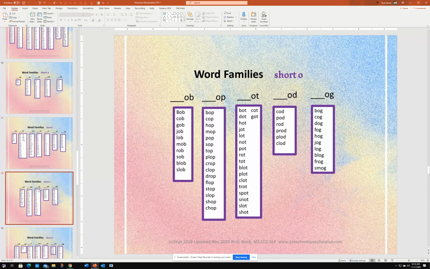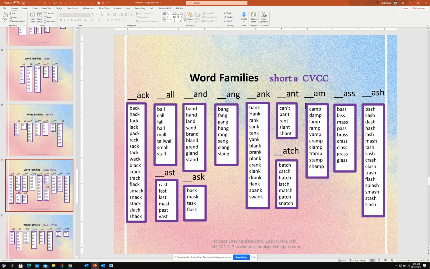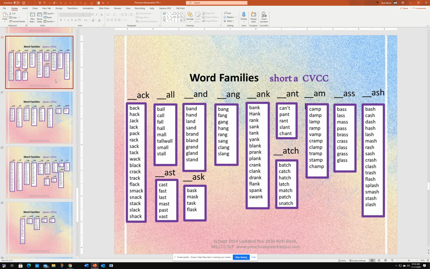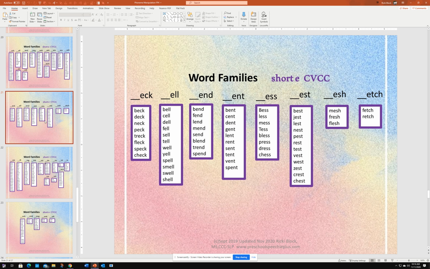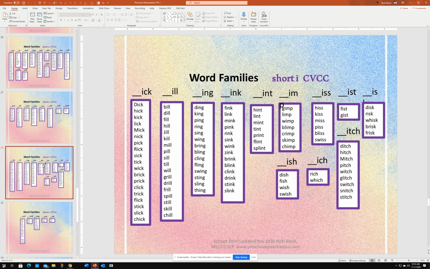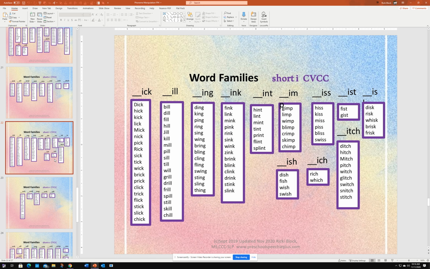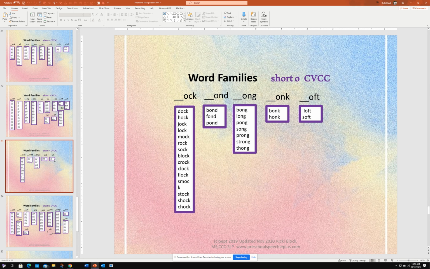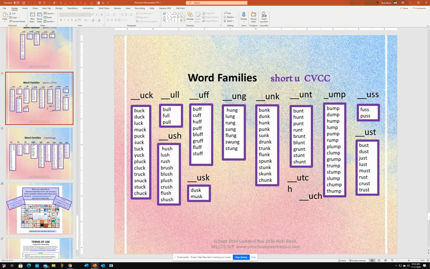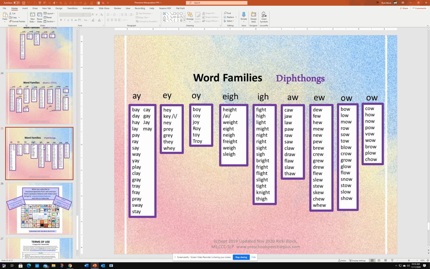I went through all the vowels, then CVCC, several charts for that, all divided up according to the vowel pattern. And that's basically the product.